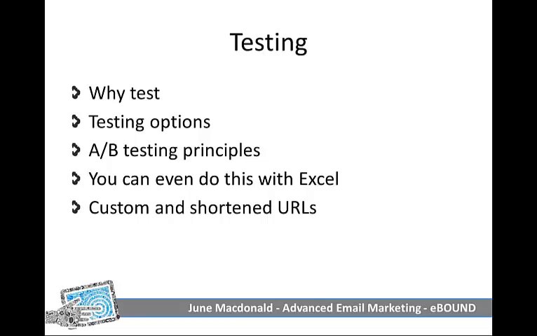Are they more likely to go for very visual, image heavy creative, or is it more the words, or are they price sensitive or not? What kinds of offers appeal to those different groups?